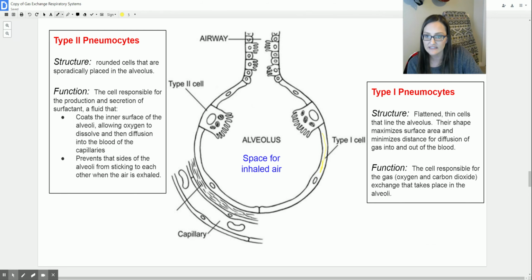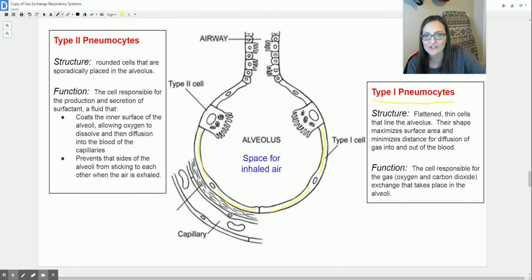When you inhale air, it's filling up those alveoli, and those are wrapped in two types of pneumocytes. The type 1 pneumocytes are these flat structures here, and they really maximize that surface area by being flat like that. What does that do?